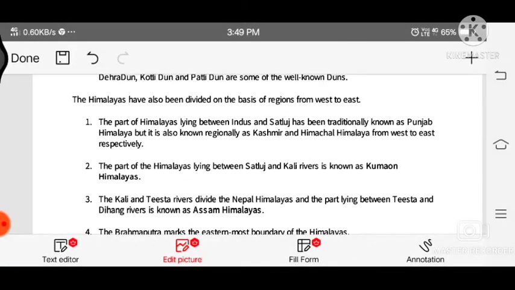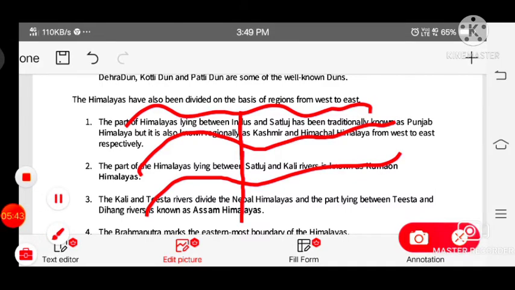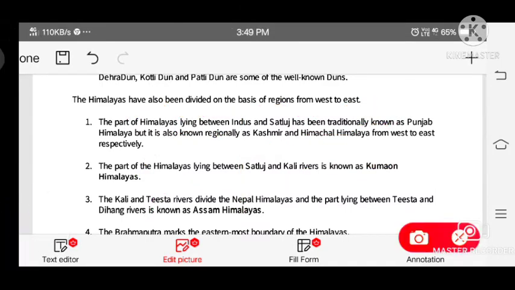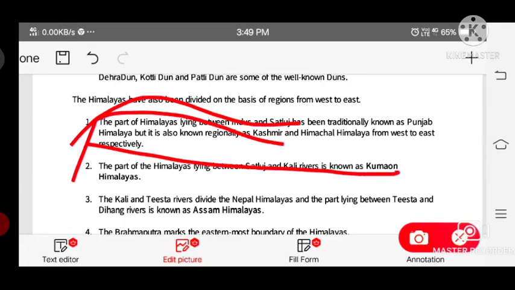The Himalaya has also been divided on the basis of region from west to east.